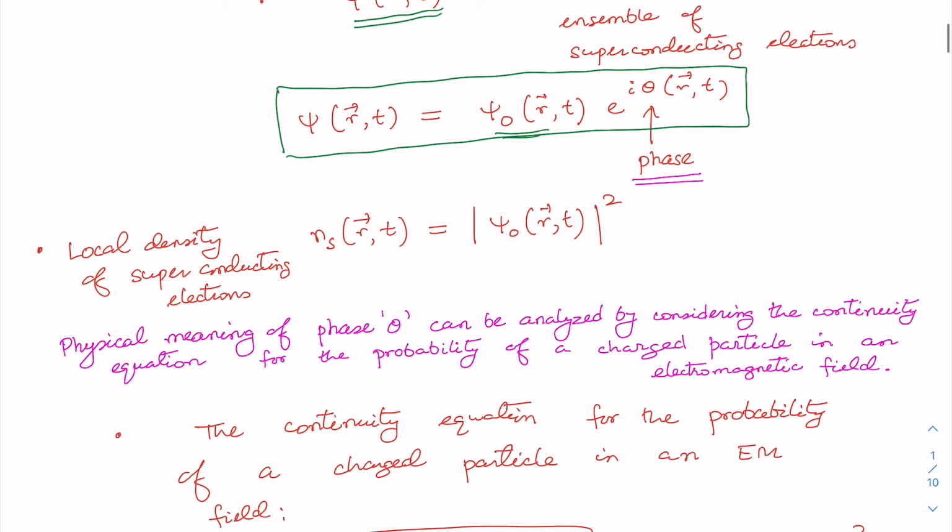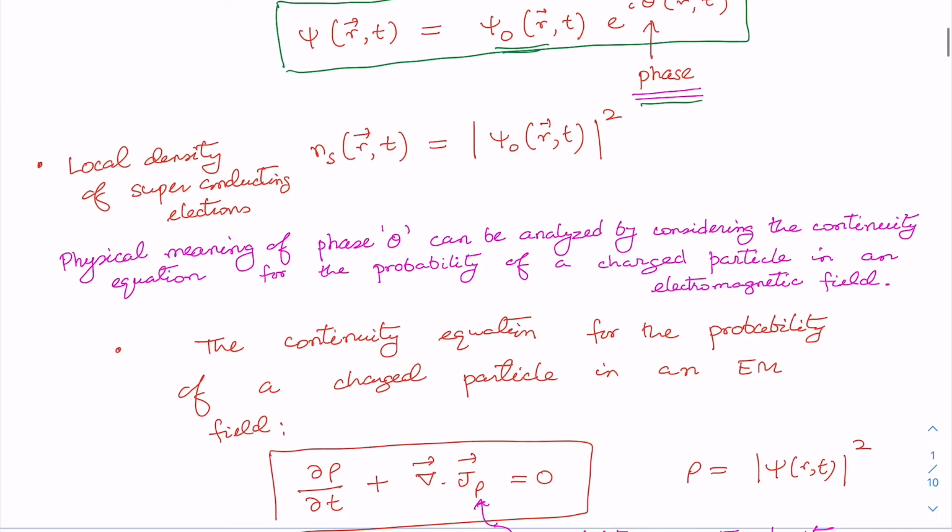Now, to understand the physical meaning of this phase, one can use the so-called continuity equation for the probability of a charged particle in an electromagnetic field, and we discussed that.